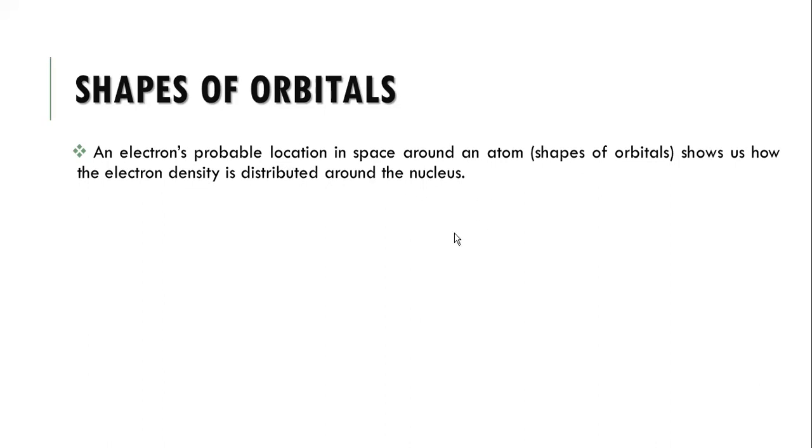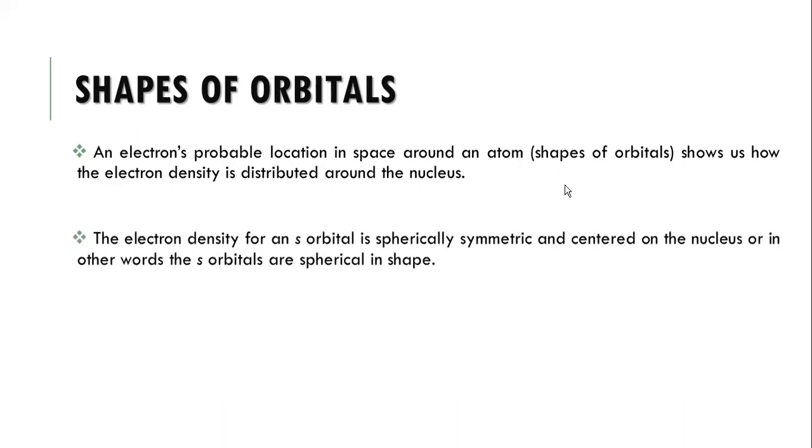Simply, how the electrons are surrounding the nucleus, or the probable location of the electrons in space around the atom, is called the shapes of the orbitals.